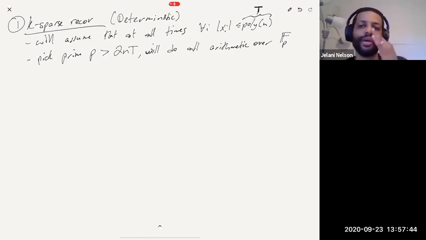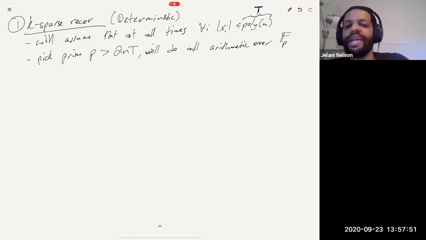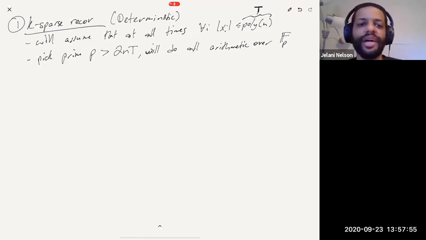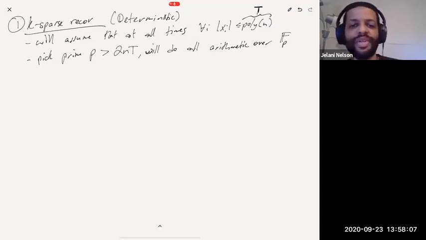So the true numbers over the integers are never going to be bigger than nT. So as long as I pick a prime that's bigger than nT, even if I do things mod p, I haven't changed anything. But I want to work with some bounded precision so that I can actually do some bit counting. I don't want to work with real numbers because I'm going to divide stuff, etc. So I prefer to do the division over F_p.